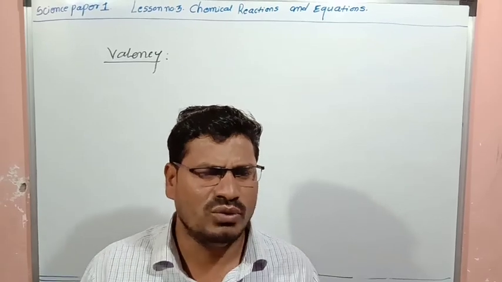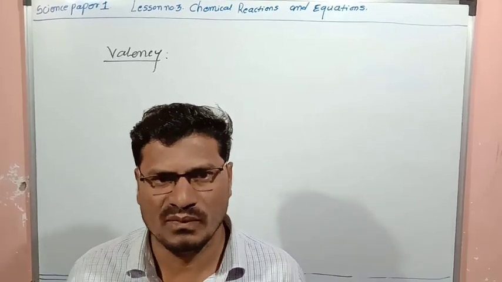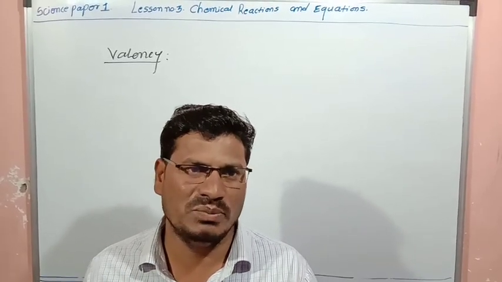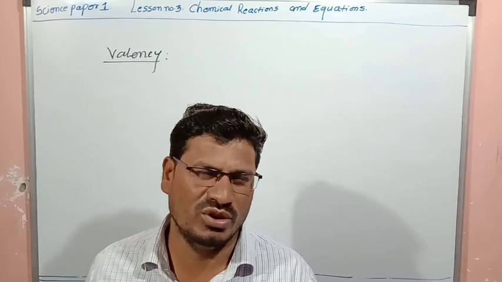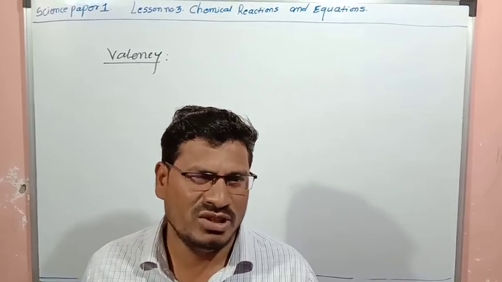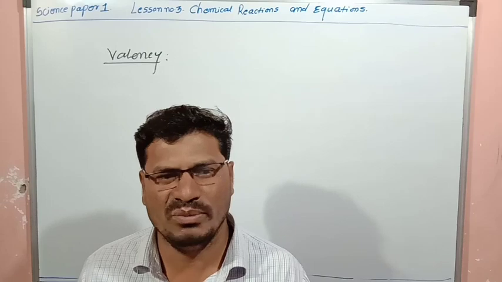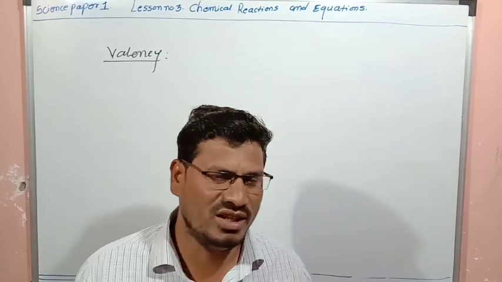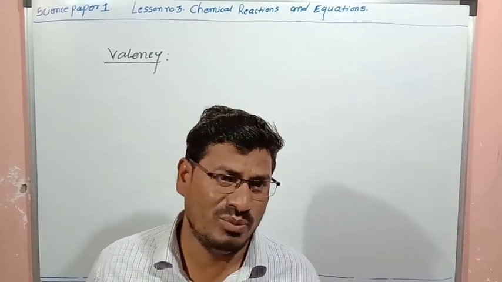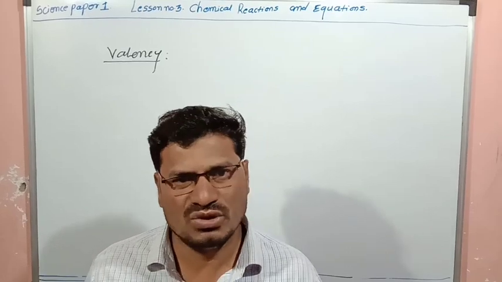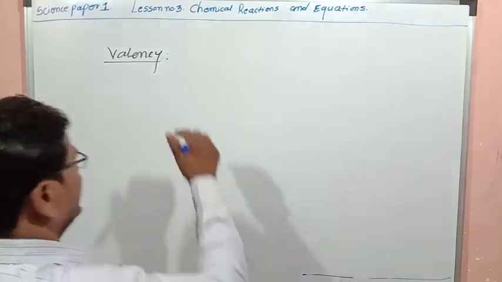When ionic compounds are formed, during the formation of ionic compounds, some elements lose electrons and some elements accept electrons, and they form ionic compounds by forming ionic bonds. So what is valency?